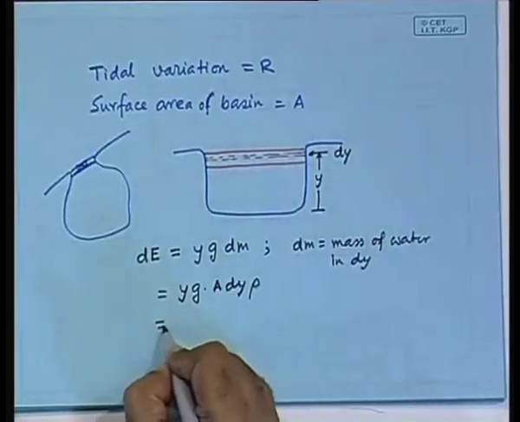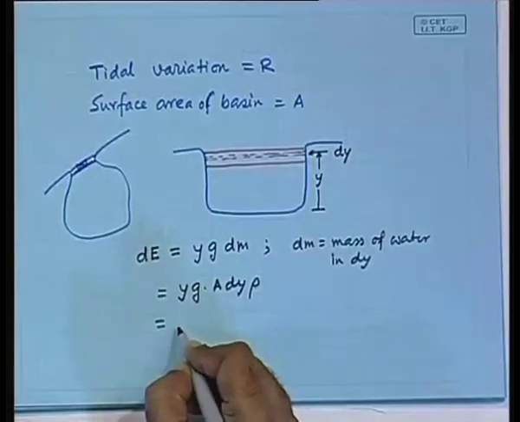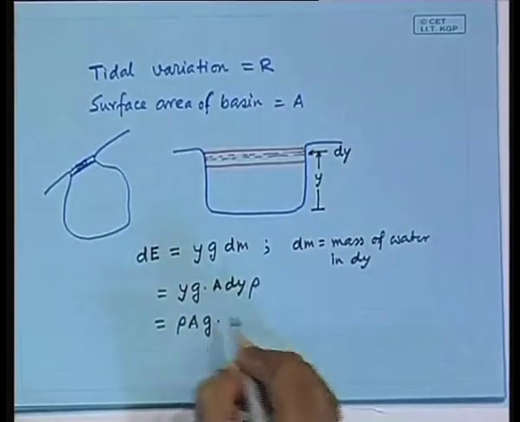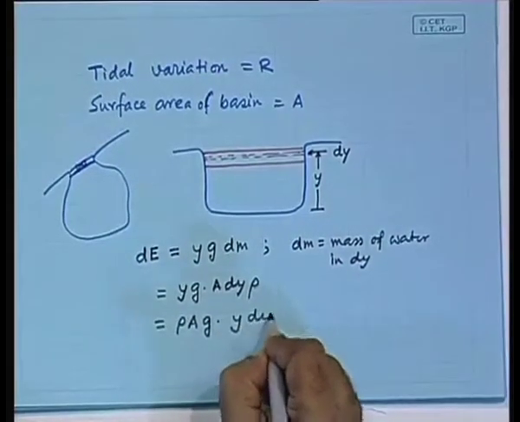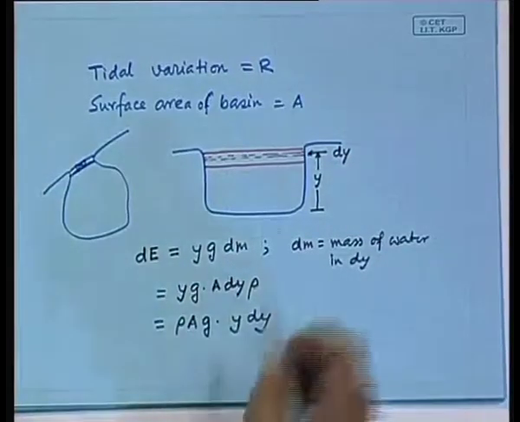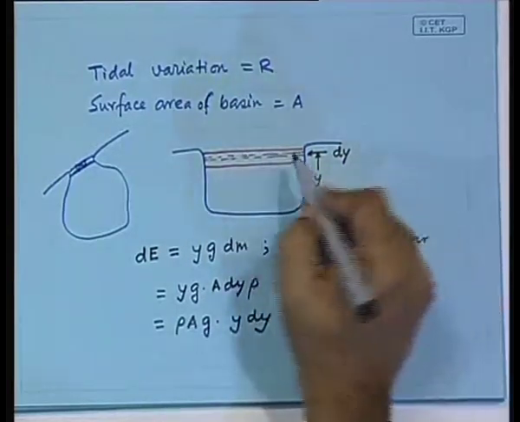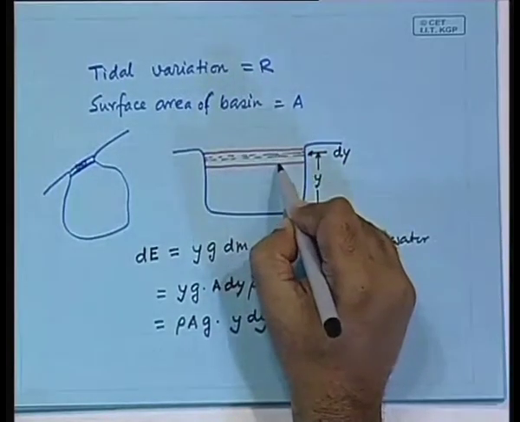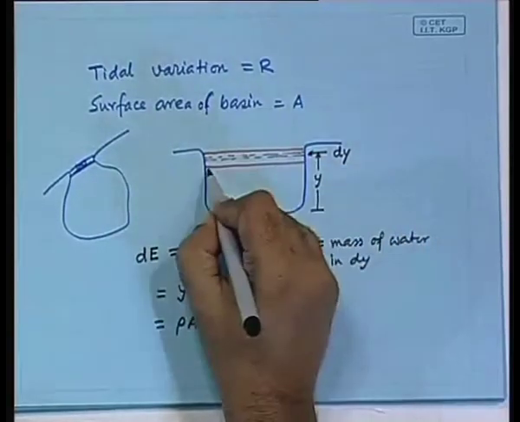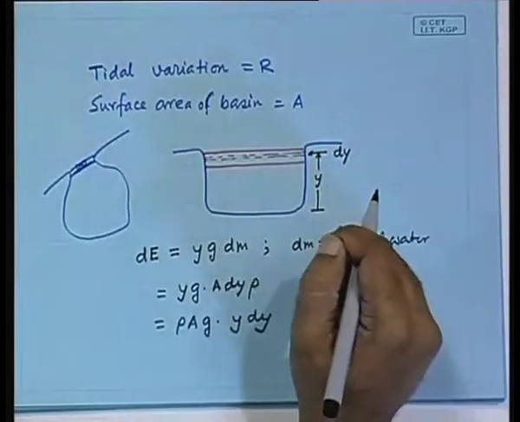So, let me write it correctly. This is rho A g times y dy. Now, that has to be integrated over R. So, this height is R. So, you start from this level to this level. If you take this as the datum level, then it goes from 0 to R, that becomes easier to calculate.